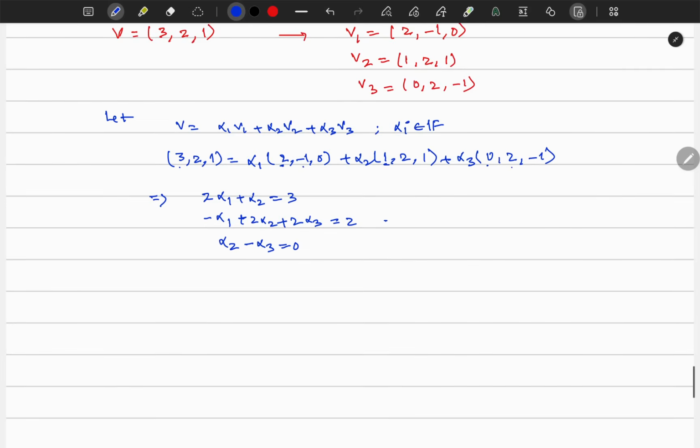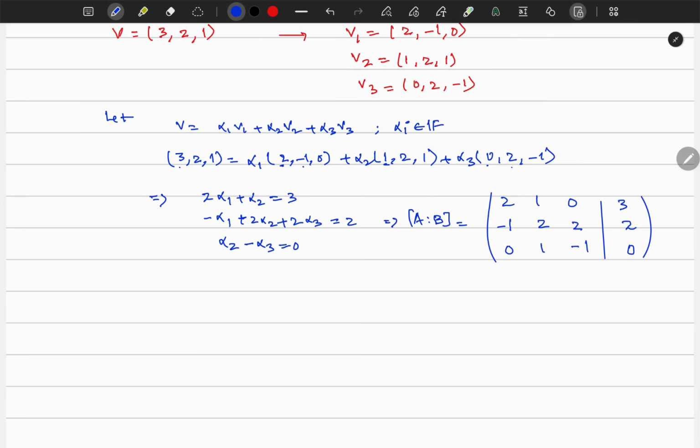So from this you can create an augmented matrix in the form [2 1 0; -1 2 2; 0 1 -1], and similarly your RHS is [3 2 0].